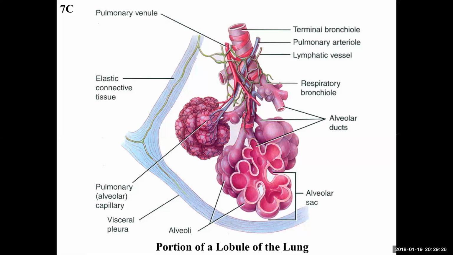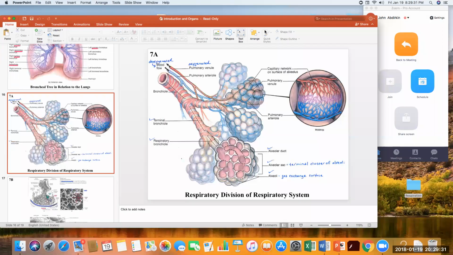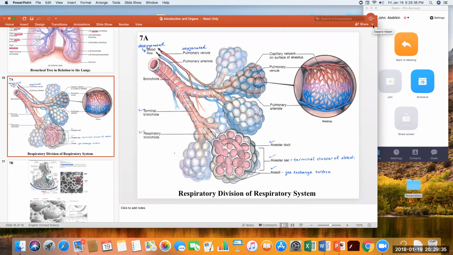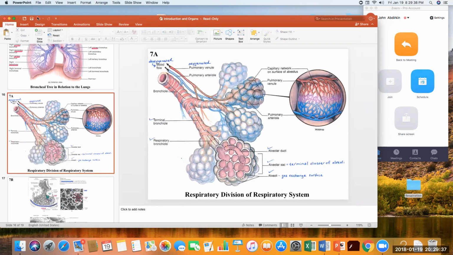Okay, we want to look at the respiratory membrane, which is very important because the respiratory membrane is going to be where the gas exchange occurs.